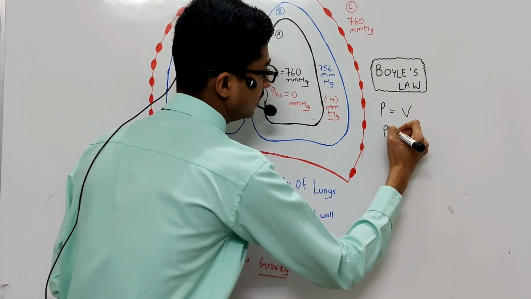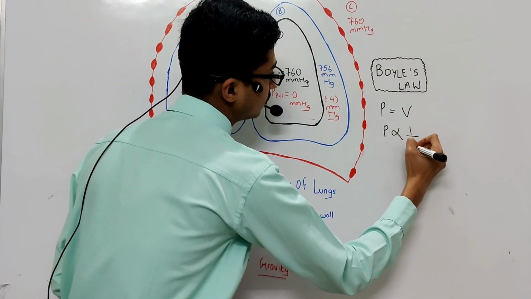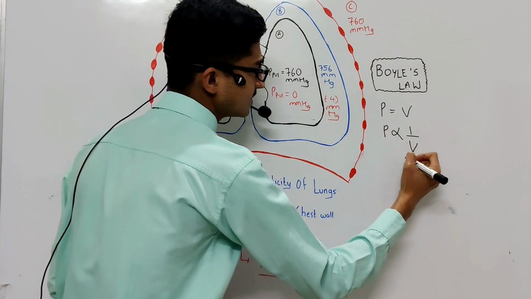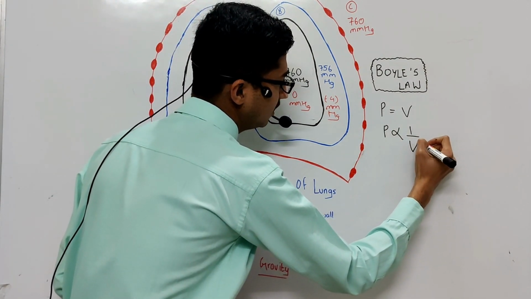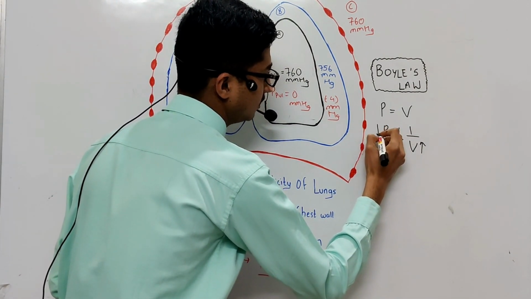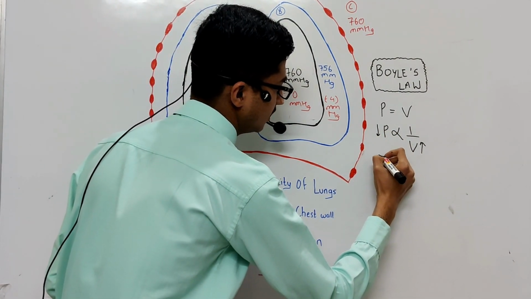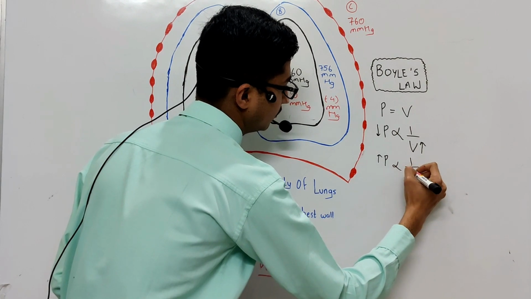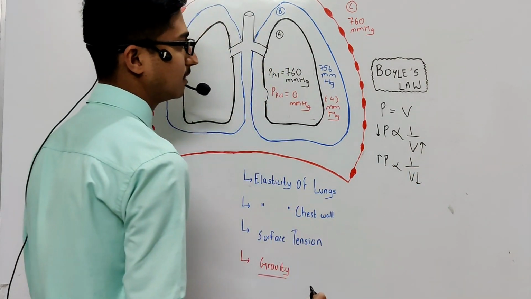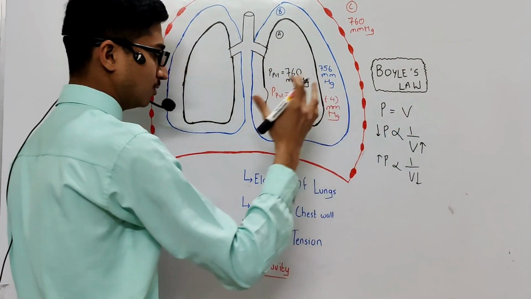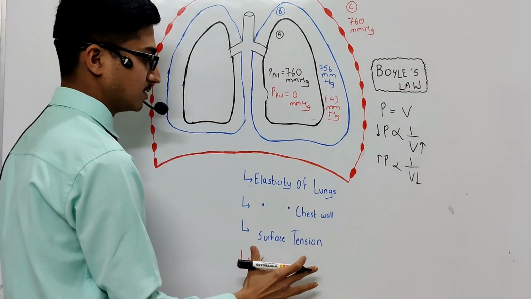Pressure is inversely proportional to the volume, which says that if volume increases, the pressure decreases, and vice versa. If the pressure increases, then the volume decreases. Right? Let's apply this law to these 4 reasons.